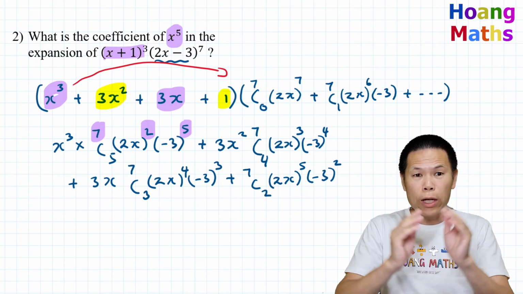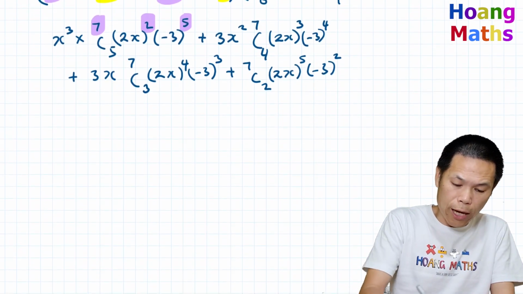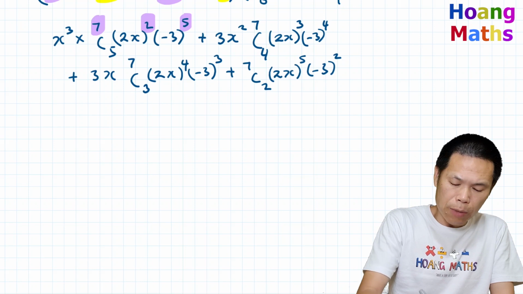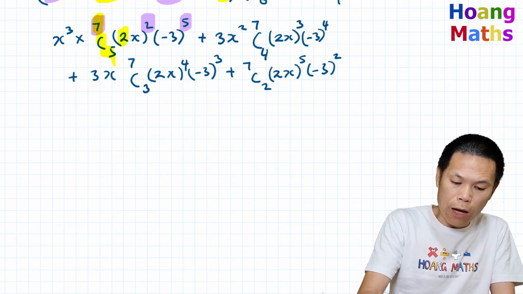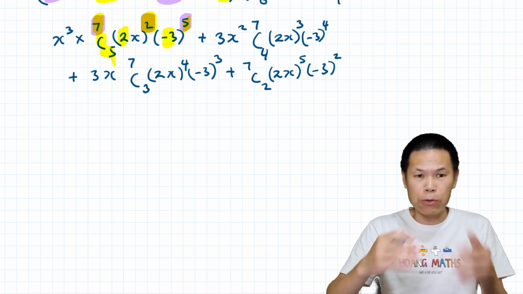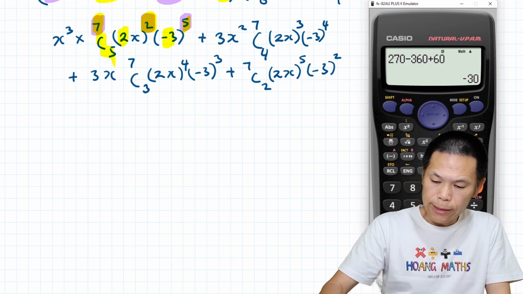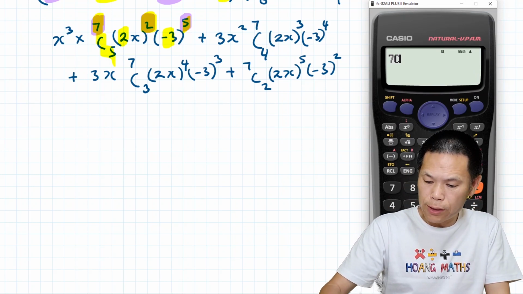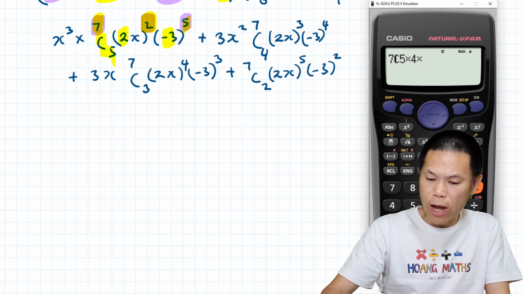So now what I do, let me just simplify this first. Let me just work out this term here: 7c5 times 2 power 2 and then negative 3 power 5. Let me just quickly work that out. So just go 7 shift c5, we times 2 squared is 4, and we times brackets negative 3 power 5.